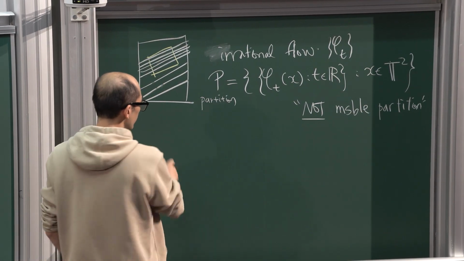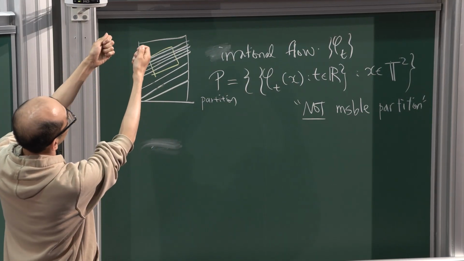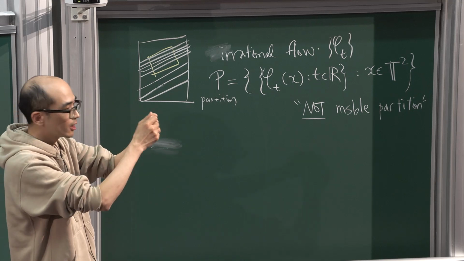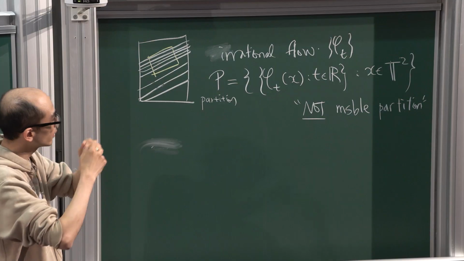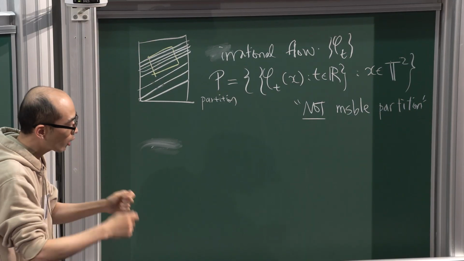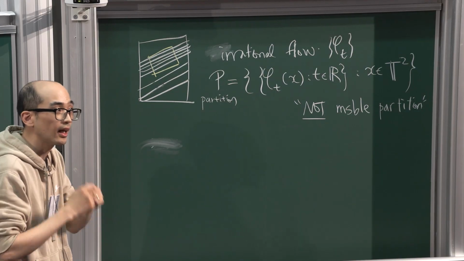So what's the point of this kind of disintegration, this kind of decomposing the measure? I want to think about the local part of the measure, which is the measure supported on the atom.